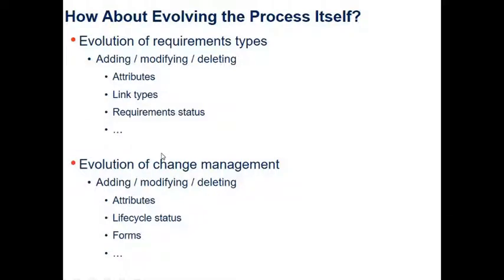How about evolving the process itself? Evolution of requirements types. So you can add, modify, and delete, right? So attributes and link types and requirement status. So these things would be evolving. Evolution of change management, you could be adding, modifying, or deleting, right? So you have evolution of requirements types and evolution of change management.